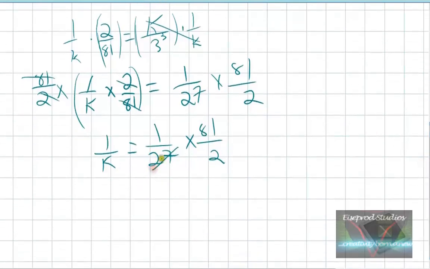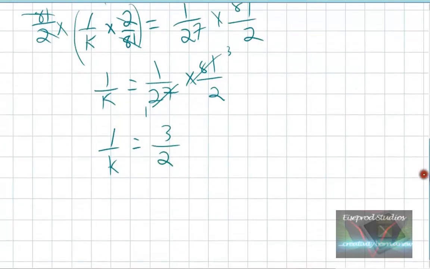So 27 goes into itself 1 time and into 81 3 times. And so I would be left with 1 over k is equal to 1 times 3 is 3, and 1 times 2 is 2. And then I'm going to take the inverse of both of these so that I have k is equal to 2/3.